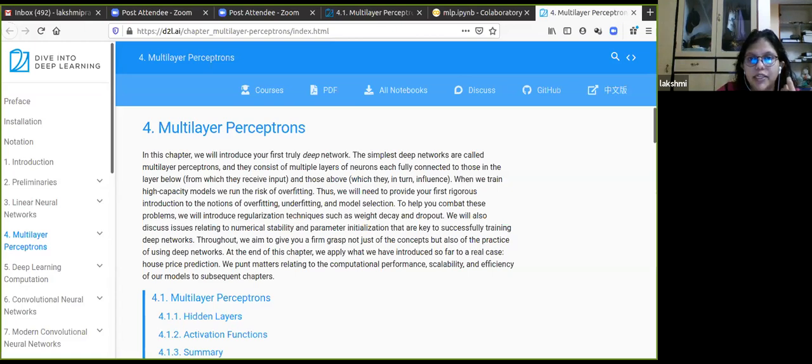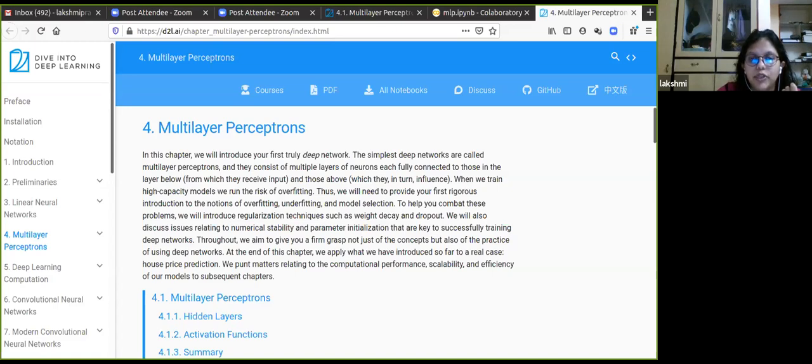Thus, we will need to provide your first rigorous introduction to the notions of overfitting, underfitting, and model selection. To help you combat these problems, we will introduce regularization techniques such as weight decay and dropout. We will also discuss issues relating to numerical stability and parameter initialization that are key to successfully training deep networks.